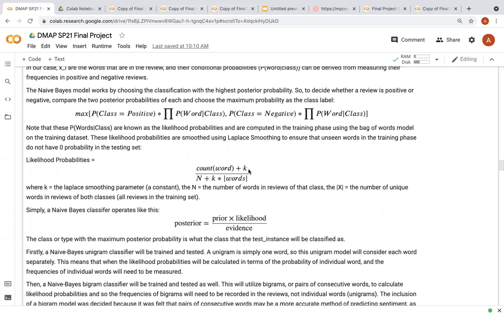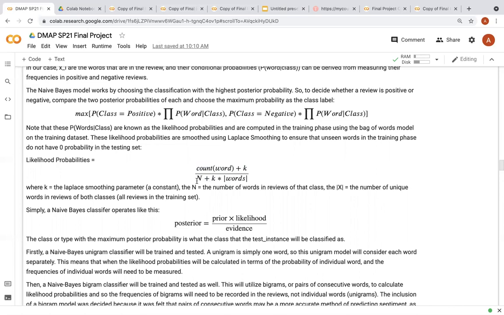So we want to give it a small probability, but not a 0 probability. So we add this k, some constant that's up to you to decide, and divide by this n plus again this k constant times the magnitude of words.